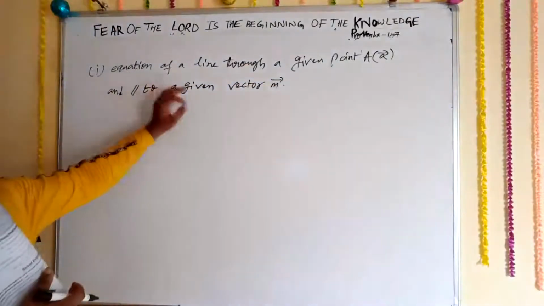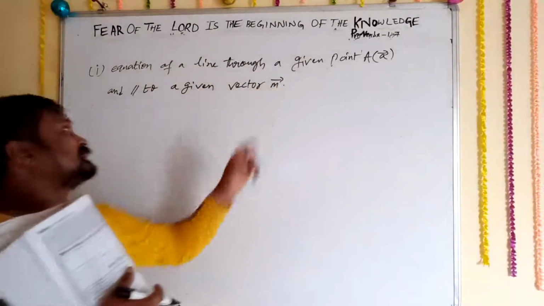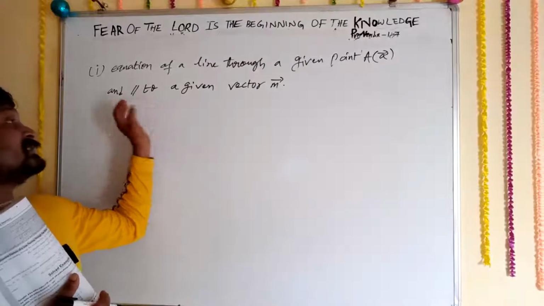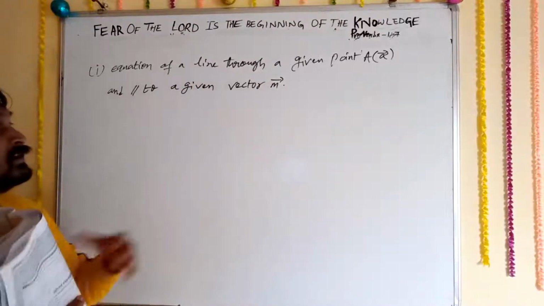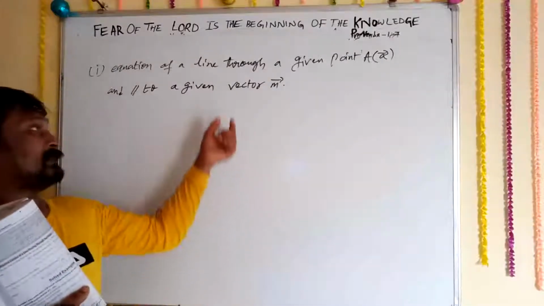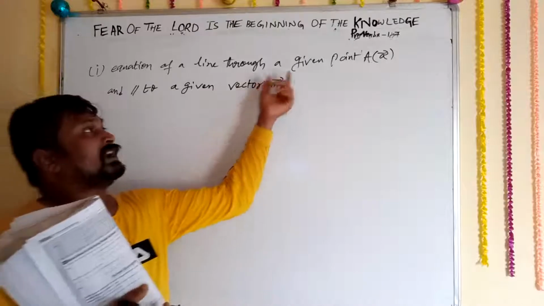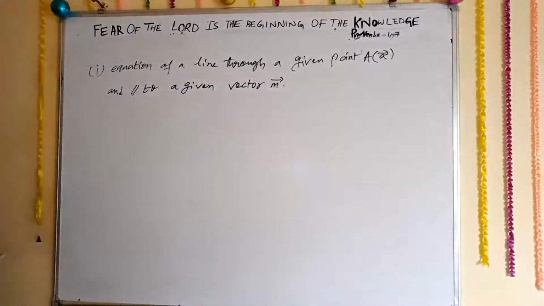We need to find the equation of a line, given one point, and that line is parallel to the given vector m. Okay, you have to find a line equation which is parallel to the vector m and passes through the point A. So how to solve, just observe carefully, everyone.